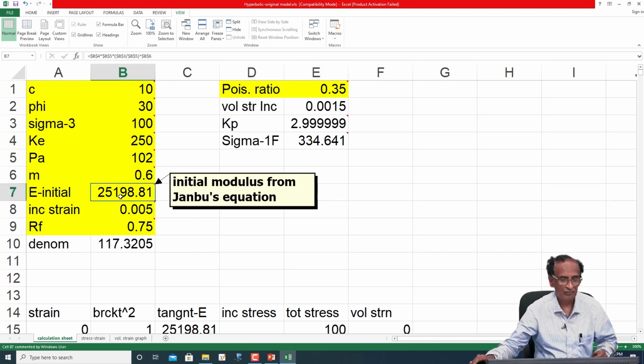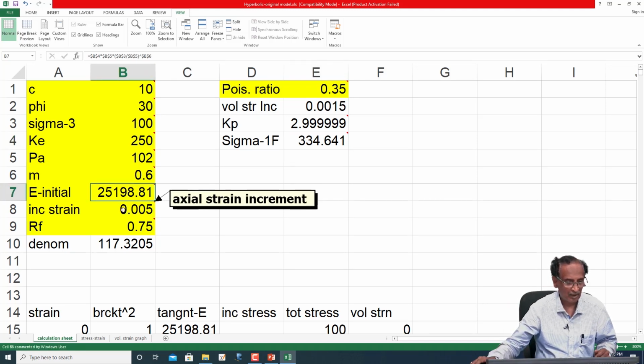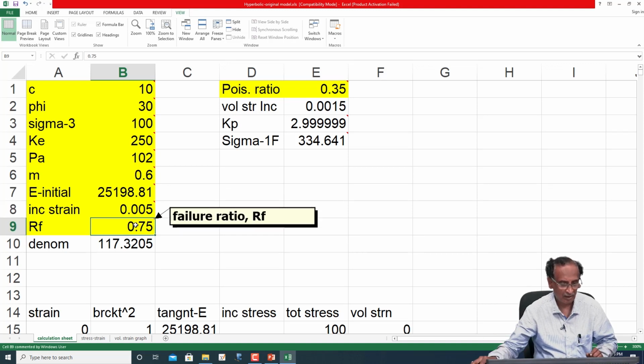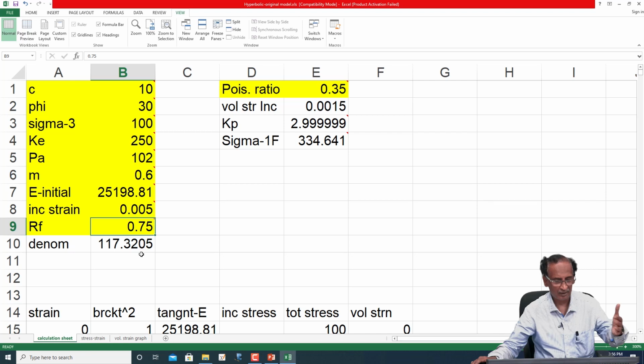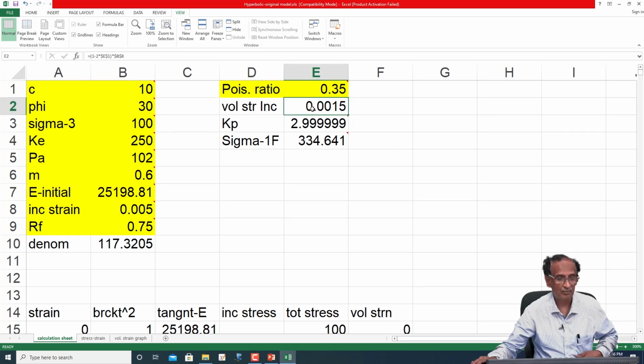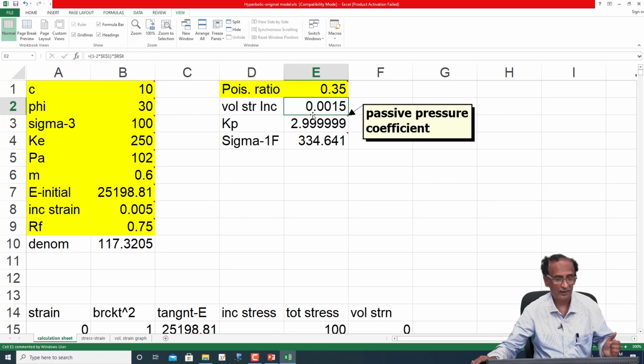Okay, this is Janbu's equation, and our incremental strain, that is the increment at which we apply the axial strain, and then the Rf. Okay, we will see how to determine these parameters in the next lecture. Then the Poisson's ratio is given as 0.35, and the volumetric strain increment is very simple, (1 minus 2 nu) times the axial strain increment.